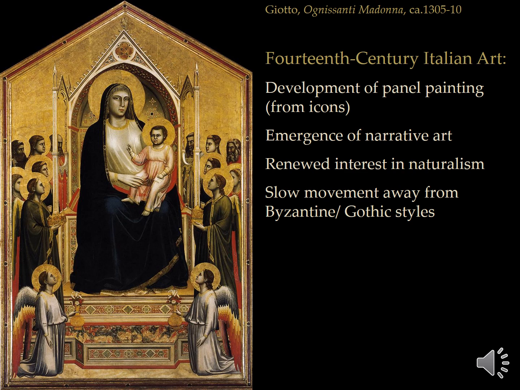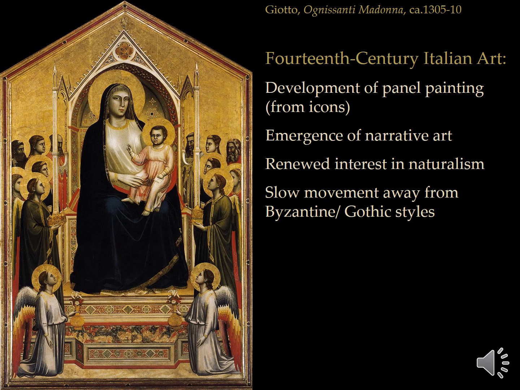So the 14th century, or the 1300s in Italy, is going to see many important developments that will lead to the Renaissance. That being, we have the development of panel paintings, that being painting on one solid surface from icons brought by Greek refugees. We see the emergence of narrative art, or again, stories that are generally related to the life of Christ or the Virgin Mary or saints. Then we have the renewed interest in naturalism, looking at how light actually falls, how shadows are cast, how figures are located in space in front of and behind one another.